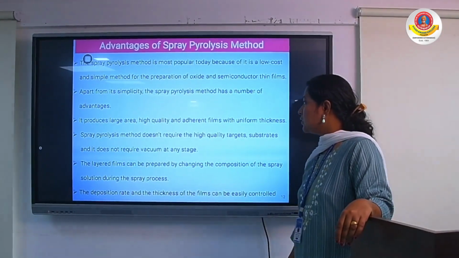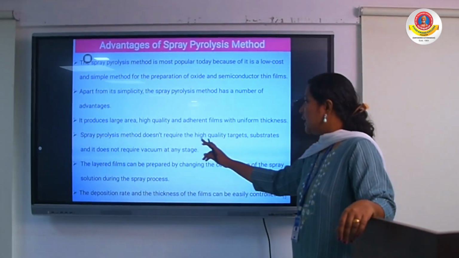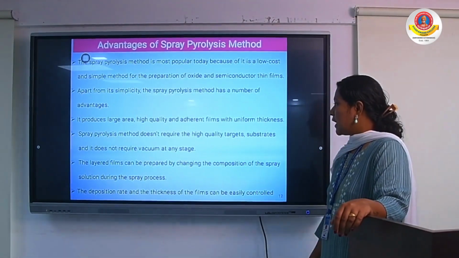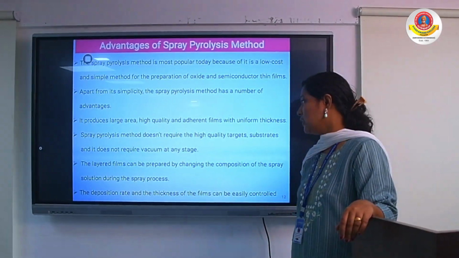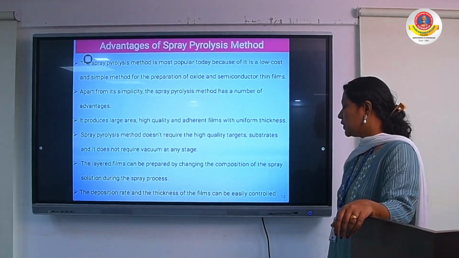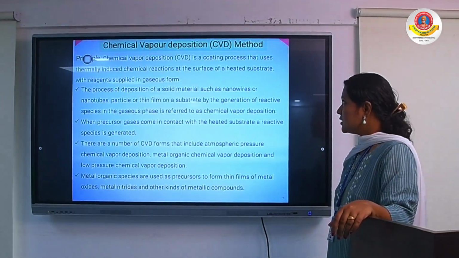It does not require high quality targets or substrates and does not require vacuum at any stage. Layered films can be prepared by changing the composition of the spray solution during the spray process. And lastly, the deposition rate and thickness of the film are easily controlled. So this is the spray pyrolysis system.